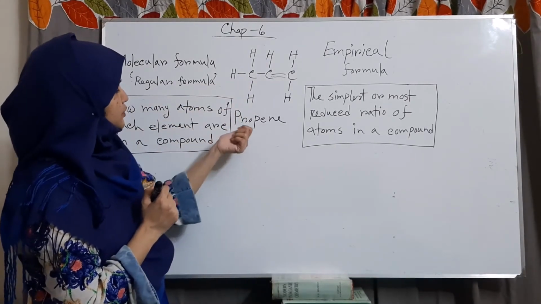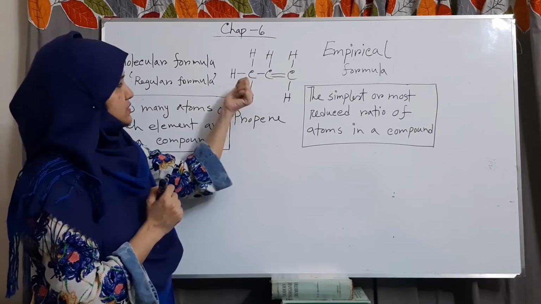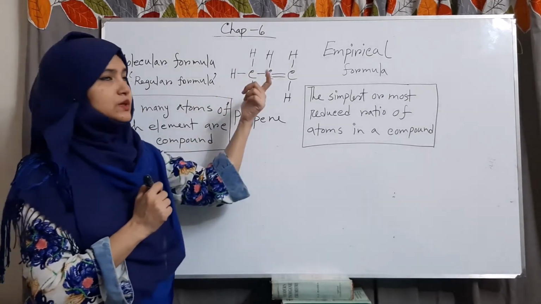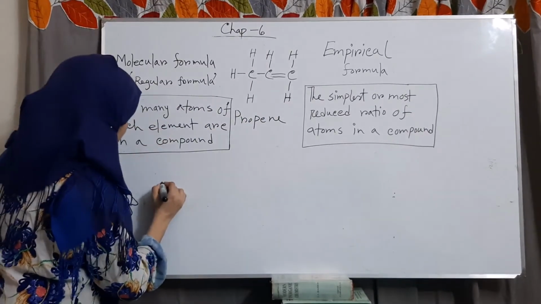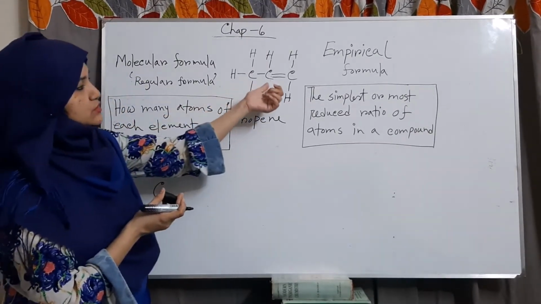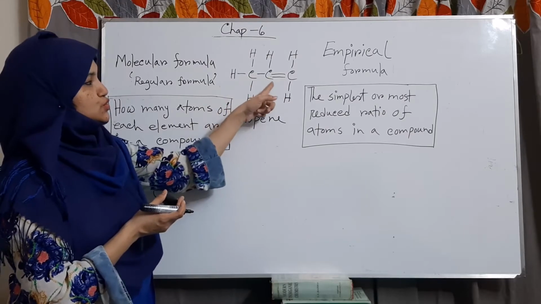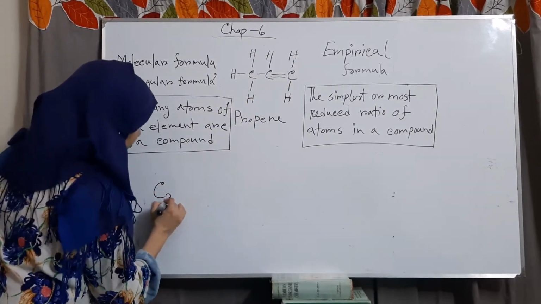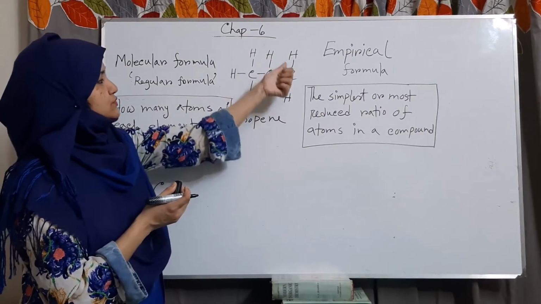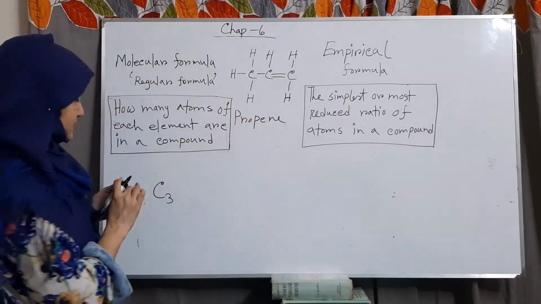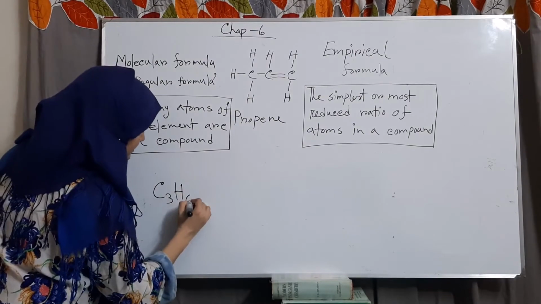In propene, two elements, carbon and hydrogen, are present. How many carbons are present in propene? 1, 2 and 3. Then put 3. And how many hydrogens? 1, 2, 3, 4, 5, 6. 6 hydrogen.